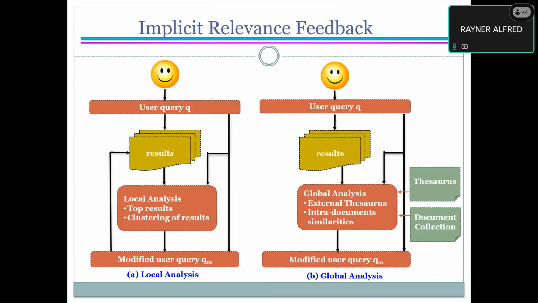So we will focus on the left-hand side, which is the local analysis, because in the global analysis, we need to have external resources. So assuming that we do not have many resources, we only look at what we have. So we focus on the local analysis.